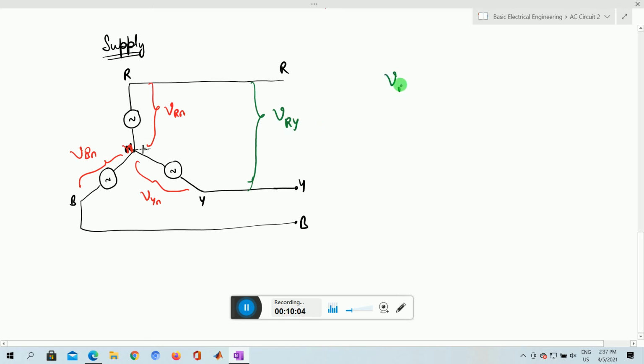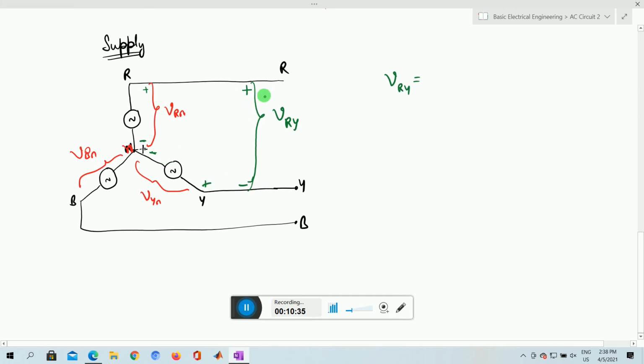VRY is nothing but the potential of R with respect to Y. We can apply a KVL; because this is an AC circuit, there is no point in having plus and minus. However, since we are talking about the potential of R with respect to Y, let us say for a certain time this is the polarity: here it is minus and this one is plus.